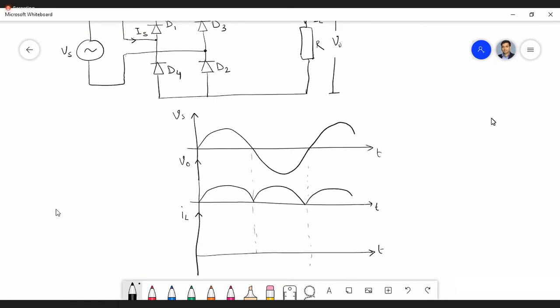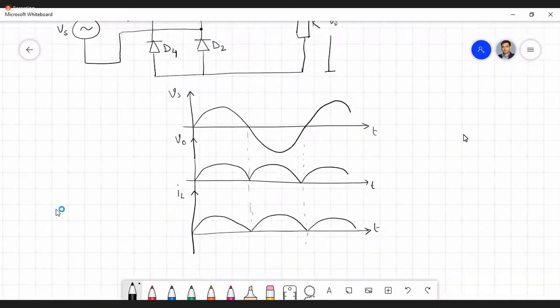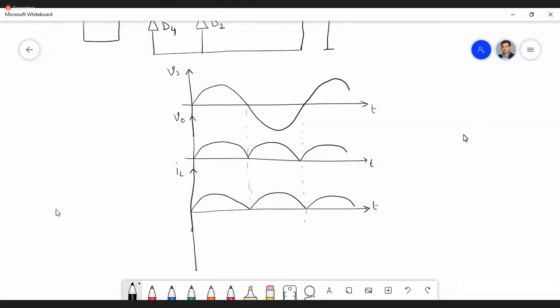Okay. Now, what will be the load current? Sir, similar. It will be a pulsating DC waveform, similar. And what will be the source current?